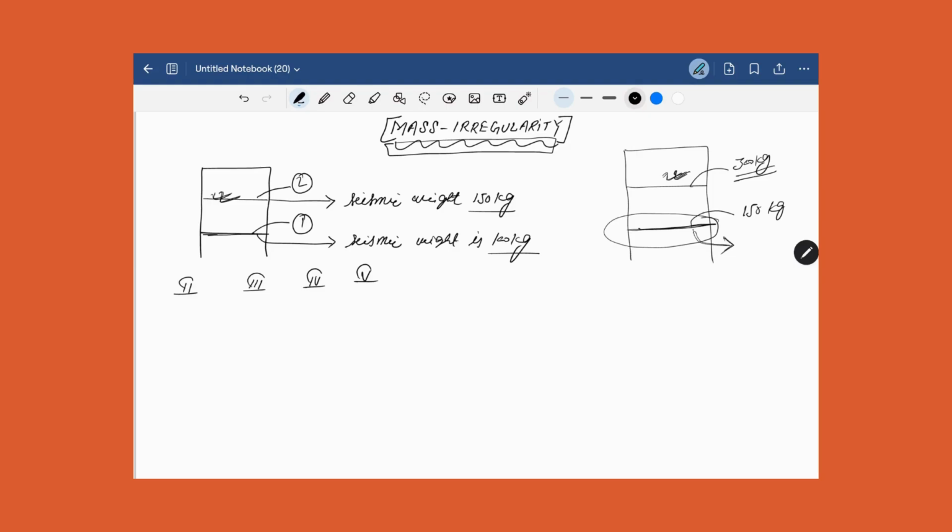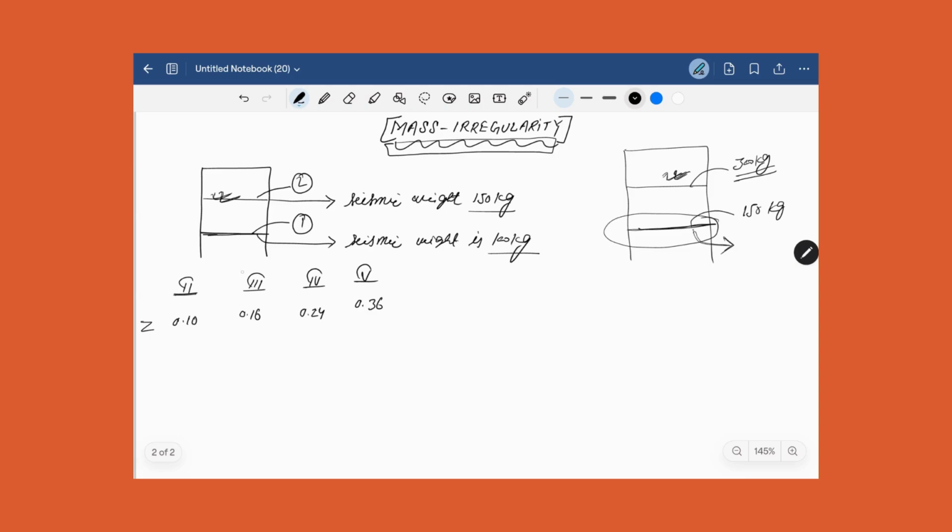The zone factors are also given. The zone factor for zone 2 is 0.10. If your building is in zone 3, then you have to consider a zone factor of 0.16. Like that, this is 0.24 and this is 0.36.